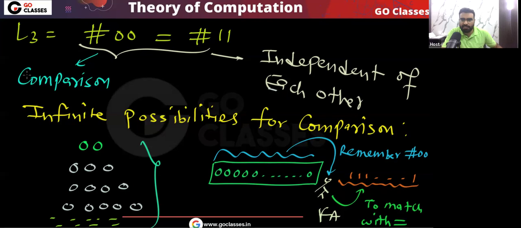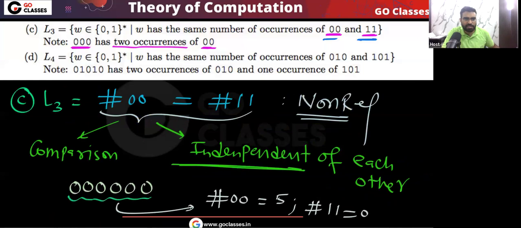That is the reason this language is non-regular. Because I have to remember, and an arbitrary number of 00 can come. I have to remember them so that I can match with the number of double ones. That is the reason we have seen this language is non-regular. Is this clear?